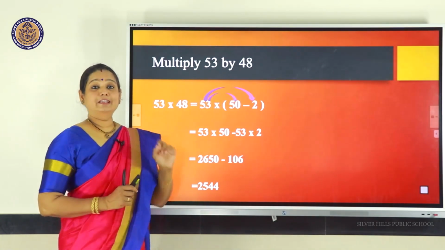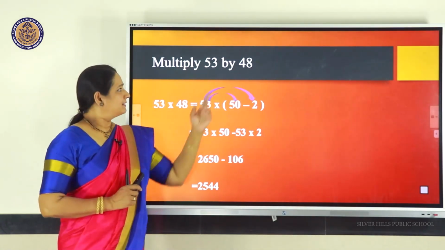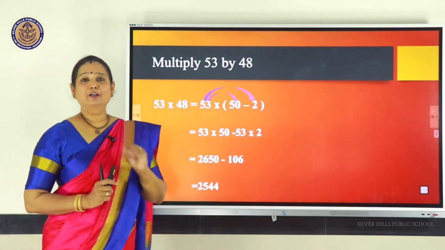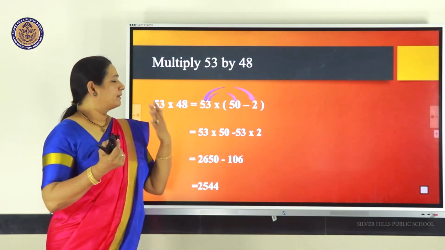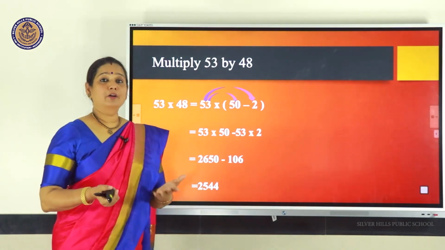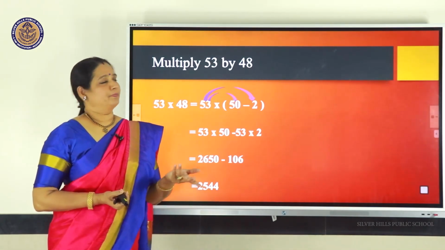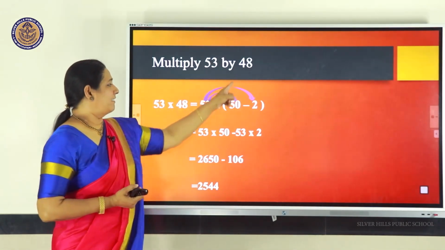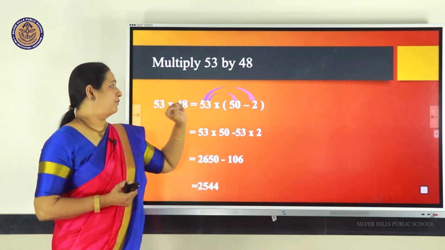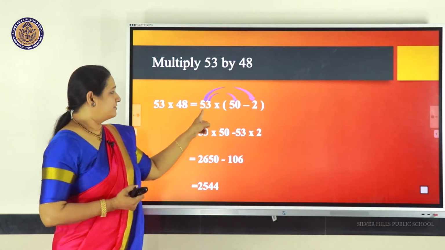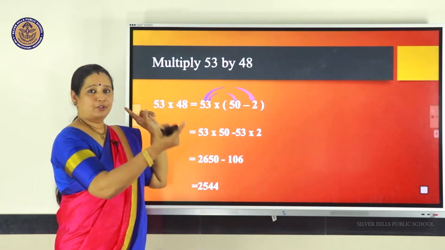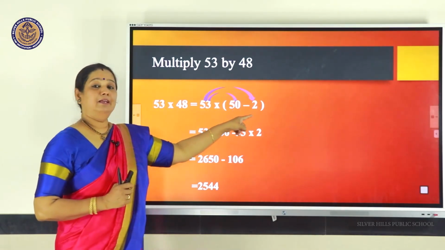Multiply 53 by 48. See, 48 is very close to 50. So, we can break it either 40 plus 8 or 50 minus 2. Now, here we have done 50 minus 2 is 48. Now, 53 by 48 means 53 into, you have to put the bracket and write 50 minus 2.